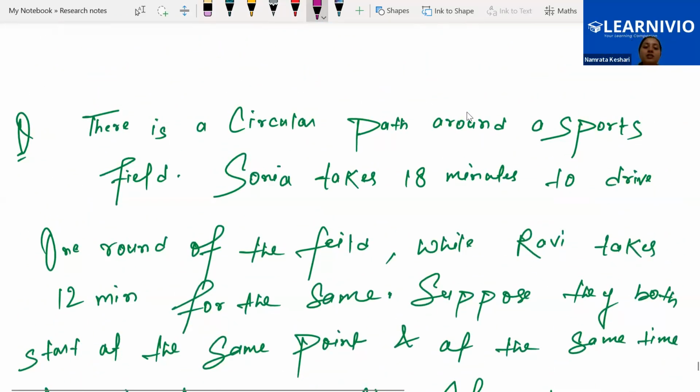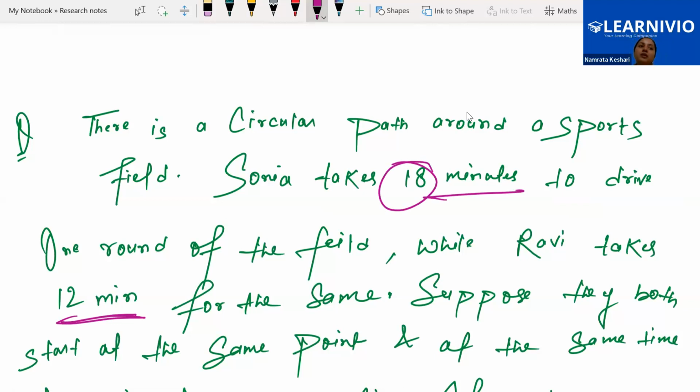Whatever numbers you can see in this longer word problem, search for them. I can see one number is 18 minutes, another number is 12 minutes. These are the only numbers mentioned here. The LCM of these two numbers we are going to find.